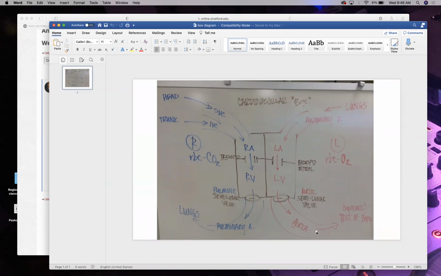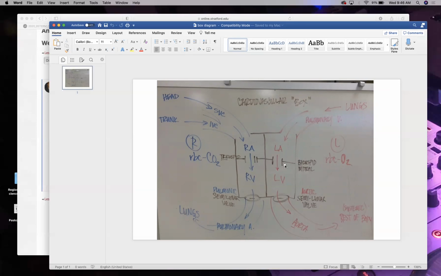And if you see my diagram here, this side's red. That means it's oxygenated. So if your exam is in color, if you see something that's red, it's oxygenated. If you see something that's blue, it's deoxygenated. This side here, the left side, is your systemic side, written right here. This side here goes to your lungs. That means this has to be the pulmonary side.